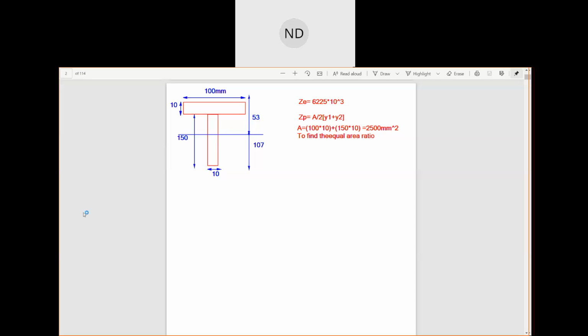Suppose this is an axis whose distance from the top, measured below, we have assumed to be y dash.